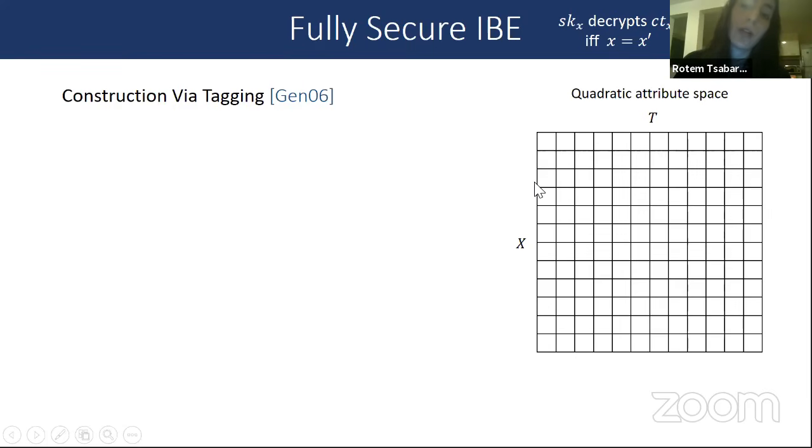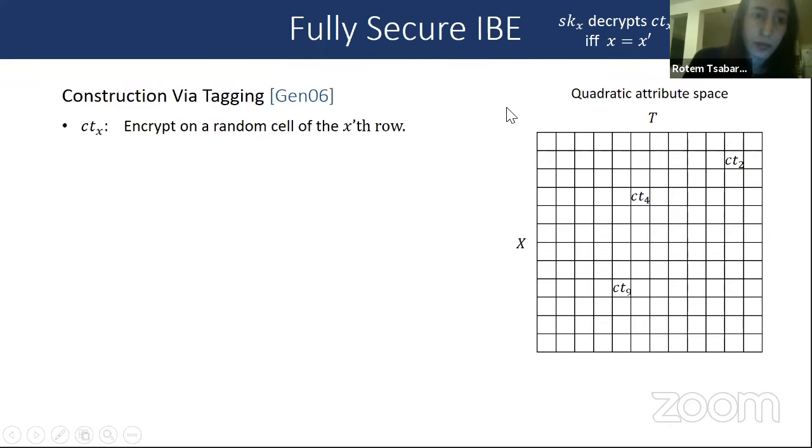Each row corresponds to an attribute of the scheme that we eventually want to achieve. But in addition, now we have this additional space that we call the tag. So now every time we want to consider an attribute, we look at an attribute X and additionally a tag T.